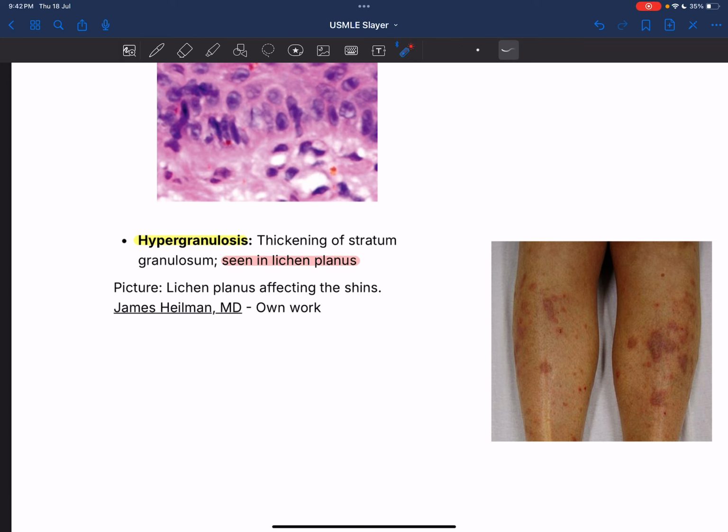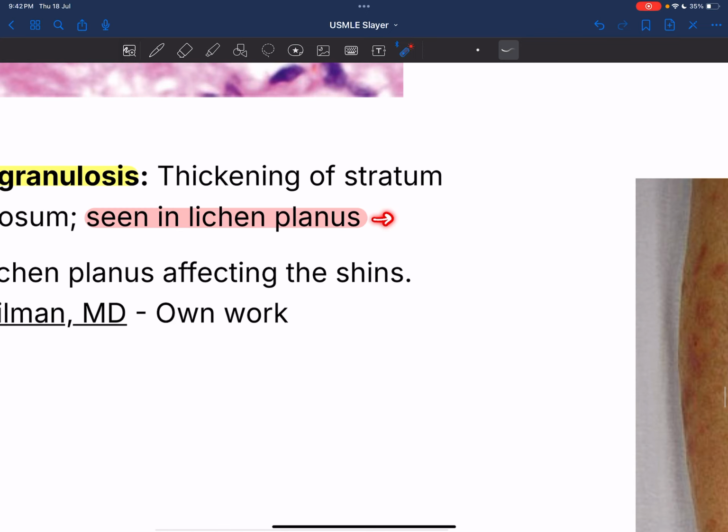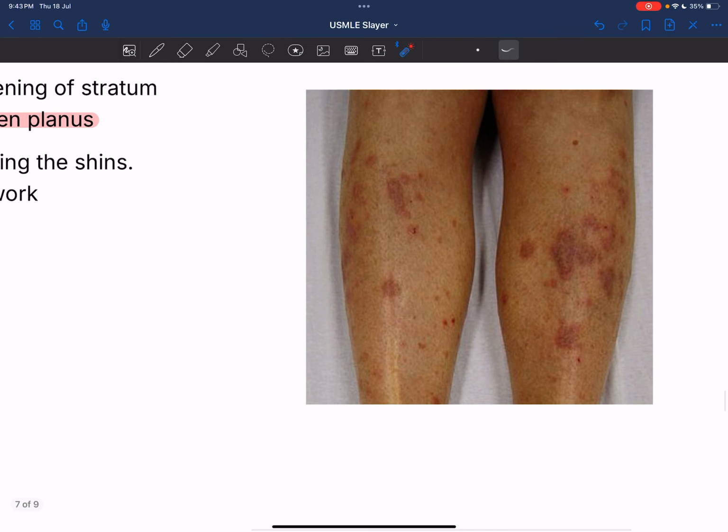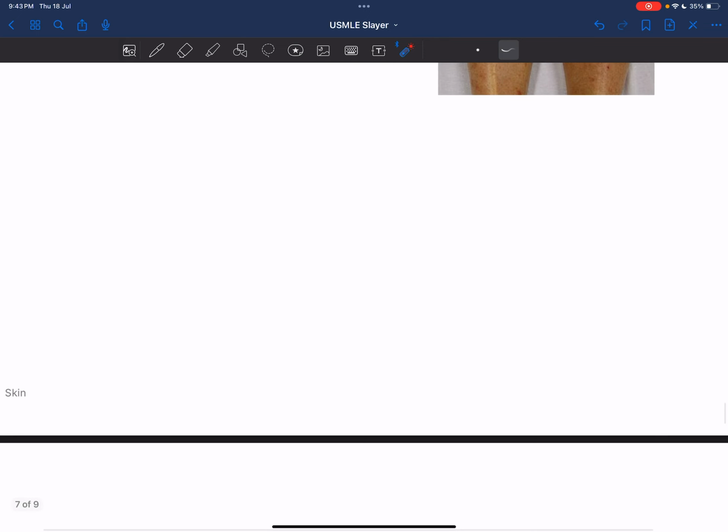We have a whole module talking about skin disorders, and we'll discuss it more. But the most important thing to think about is that this is found in hepatitis C virus, and it's very itchy. And here's a picture of it, by the way. It is also found affecting the chins and areas like that. We will talk about it.